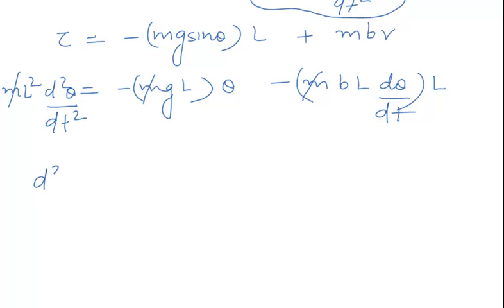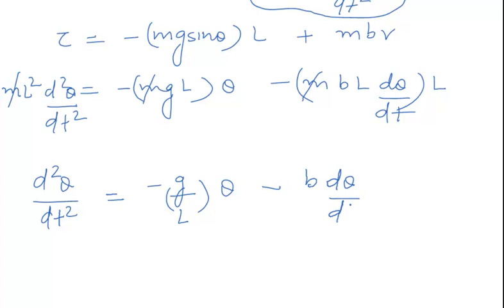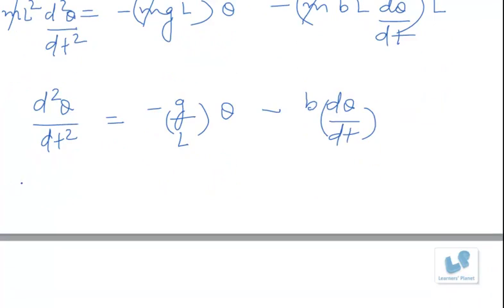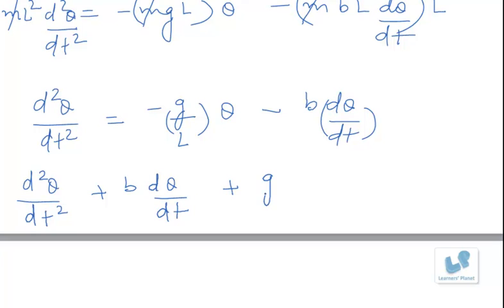Now we will get d square theta by dt square equal to minus g by L theta minus b d theta by dt. Okay, which can be further written as d square theta by dt square plus b times d theta by dt plus g by L theta equal to 0.